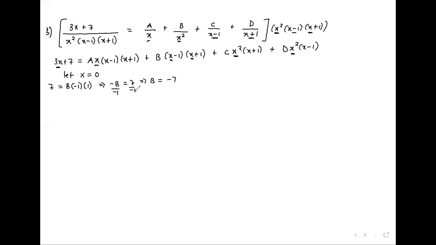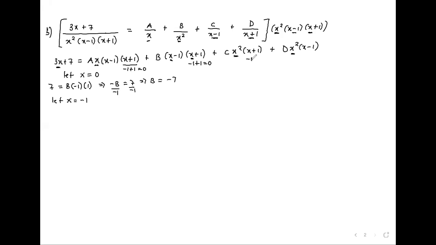If we let X to be -1, what will happen? We'll have -1 plus 1 here, -1 plus 1, which is 0. We'll have -1 plus 1 here, which is 0.